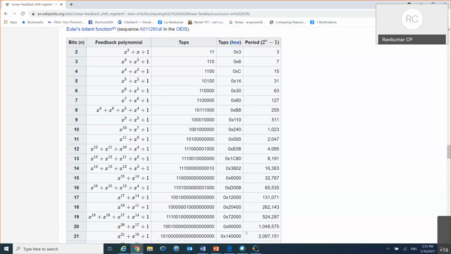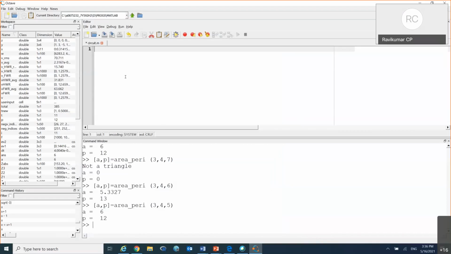So we can write a function which takes the LFSR polynomial in this compact representation and the current state, and gives me the next state. LFSR next state.